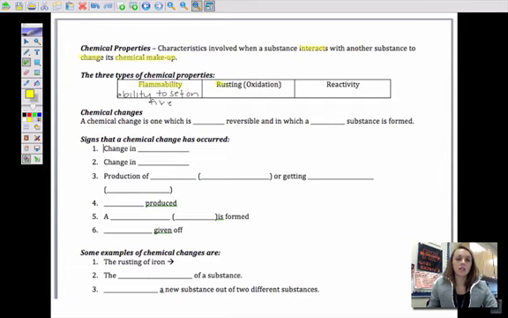We'll look at oxidation or rusting, which is not as exciting but still very relevant. So that's when substances react with oxygen, thus the term oxidation. And the reactivity, which I think is actually what you're most excited about because that's the ability of a substance to react with other substances.